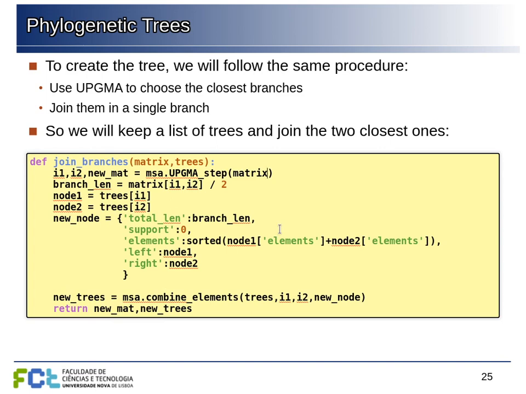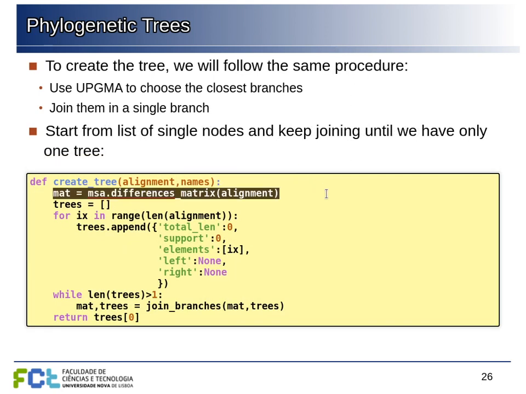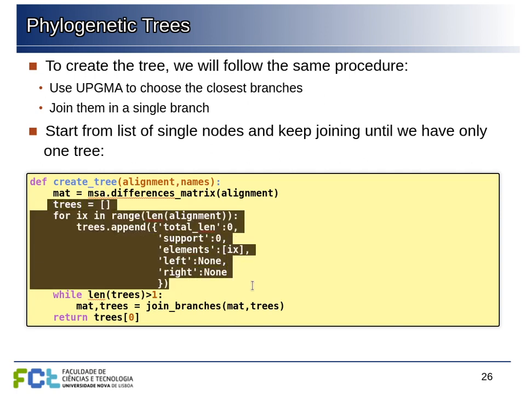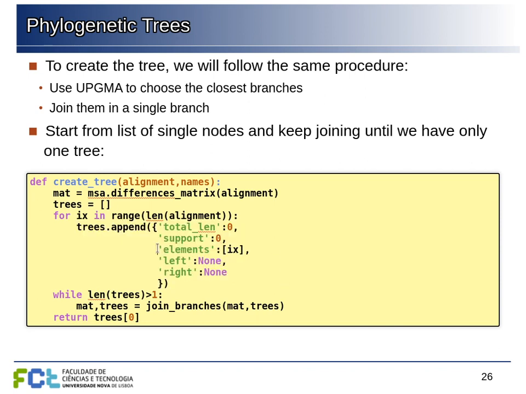those trees together. Now we're going to do this until we only have one tree. So we're going to create the original differences matrix. Note that this is also in the module that we created last week. We're going to create an initial list of trees where each tree is just one node containing one element, and we store here the index of that element.